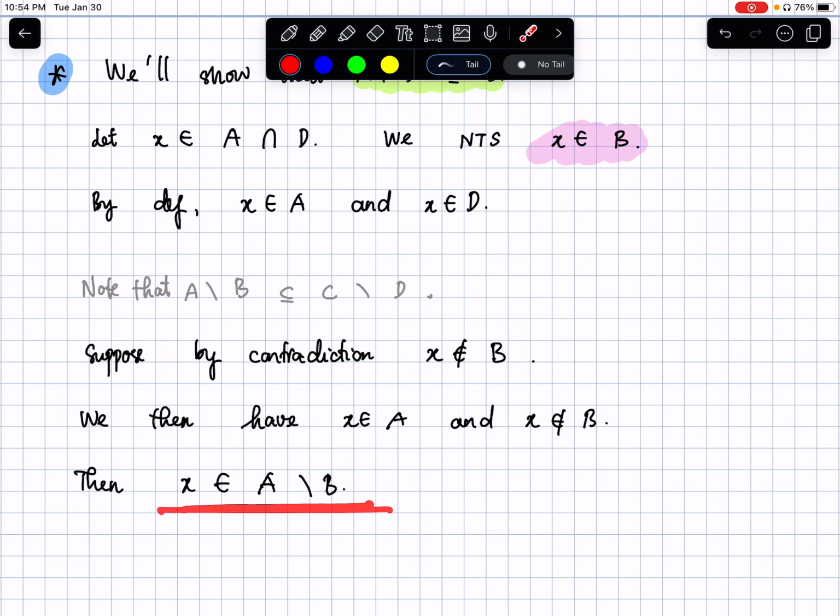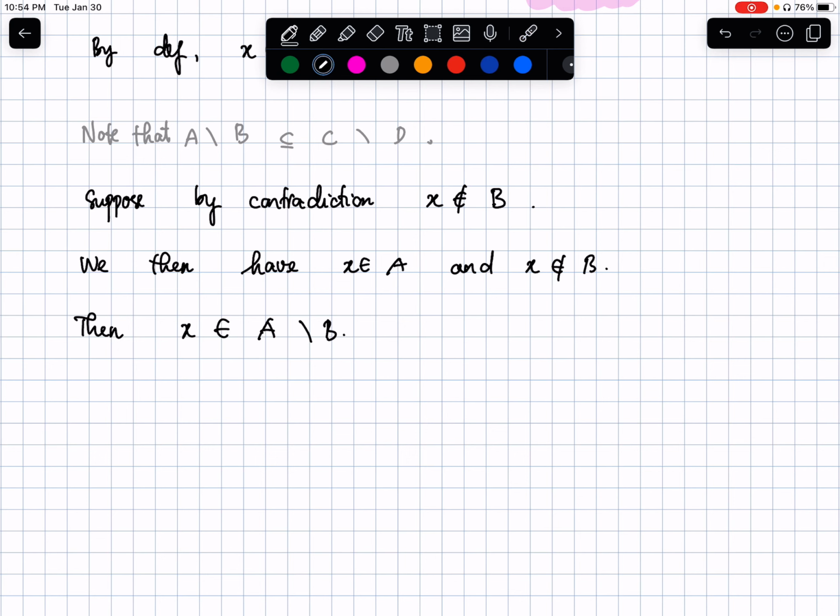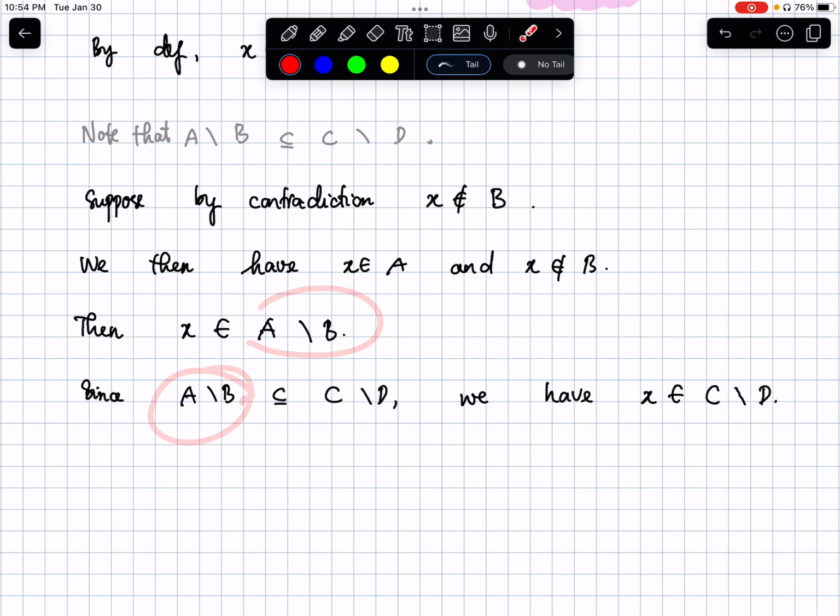However, A minus B is a subset of C minus D. We have x is an element of C minus D. Does that make sense here? x is an element in this set, but this set is a subset of this set.